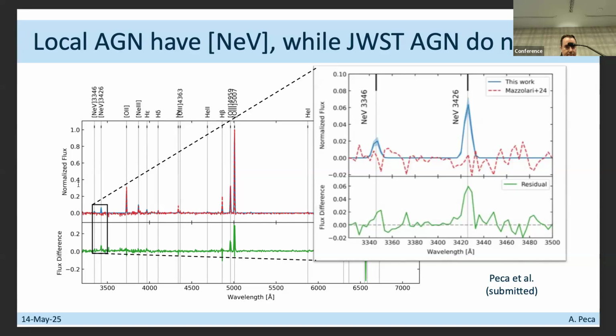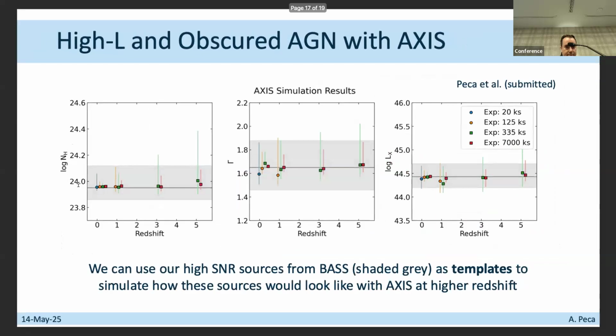Also, it would be strange because if you check the other emission lines, we don't see so many differences. I strongly believe that it is the ISM that is playing a role here. As I showed you before, at very high redshift, the ISM matters. So even if we study AGNs, we should keep in mind that there is a host galaxy there, and I'm happy to take any question even during the meeting about this topic.